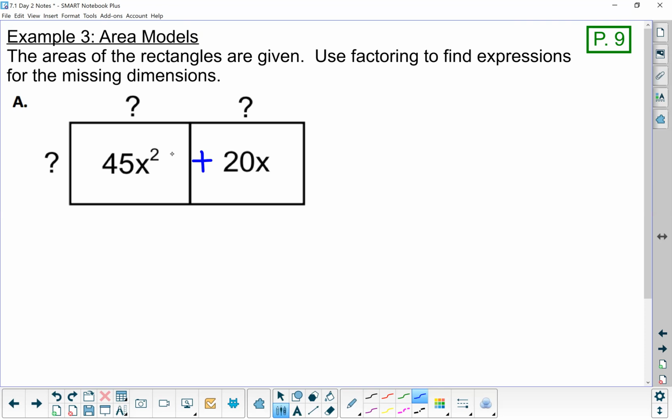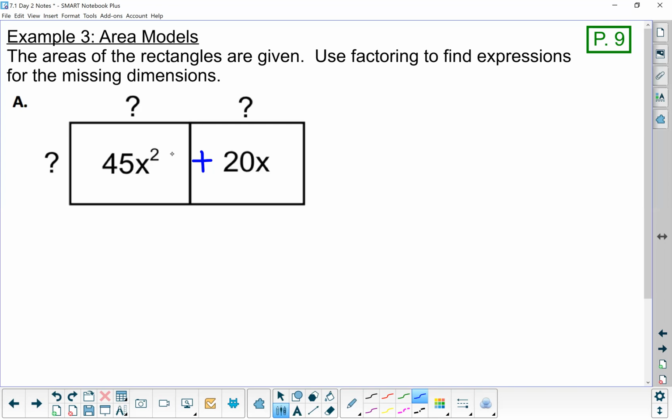And we're going to write the greatest common factor out front. And then what we've written in parentheses to this point, I'm going to write at the bottom because I have those question marks on the top, but we would normally write them across the top. So, is there a number that evenly divides into 45 and 20? 5?